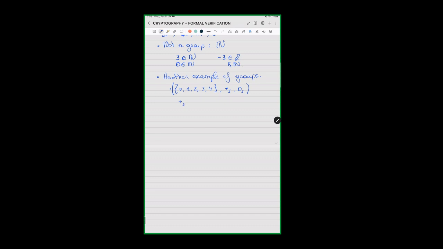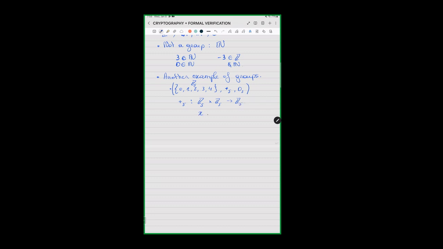The operation +5 is simply going to be, let me write it this way, Z5. You're going to see later. If I take any element, the operation +5 is also an internal operation.